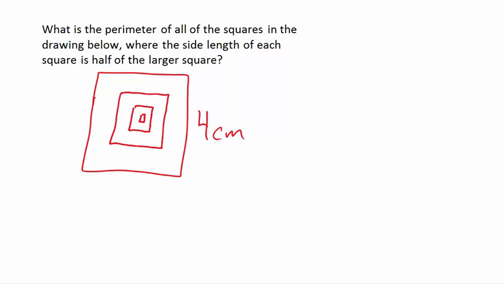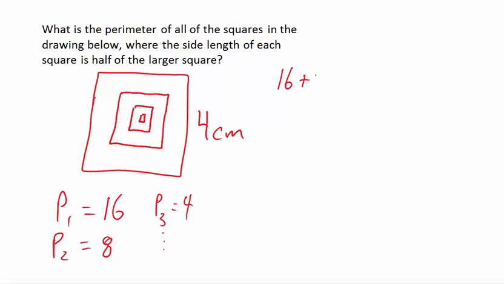Well, the perimeter of the outer square, of course, is going to be 4 times 4, 16. And the perimeter of the second square, 8. And the perimeter of the third square, 4. And so on. I actually want to take those numbers and add them all up. 16 plus 8 plus 4, and so on, off to the nth term, where n is going to infinity.